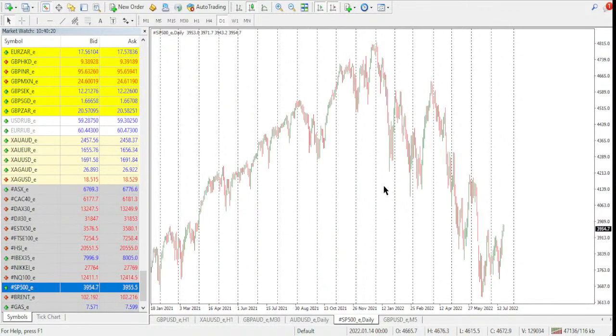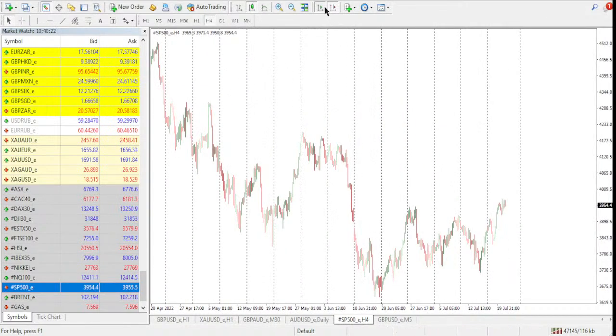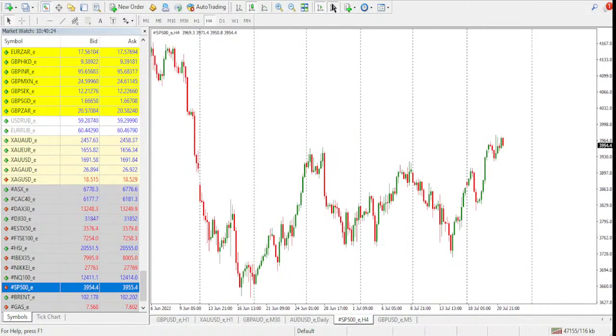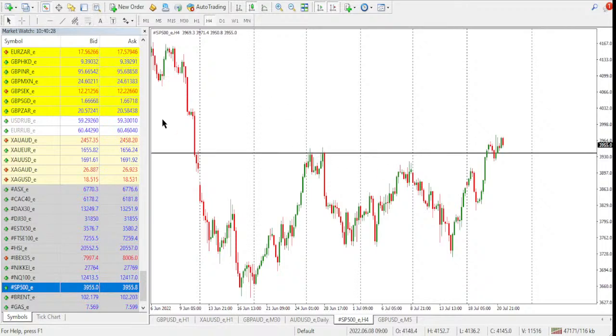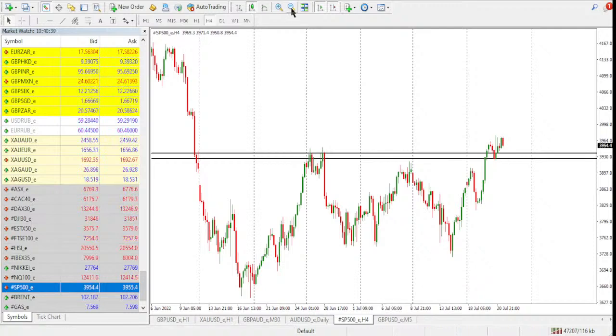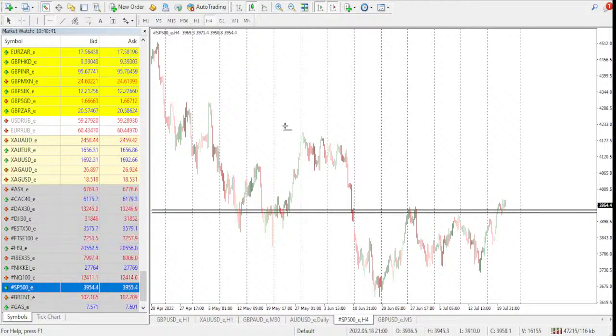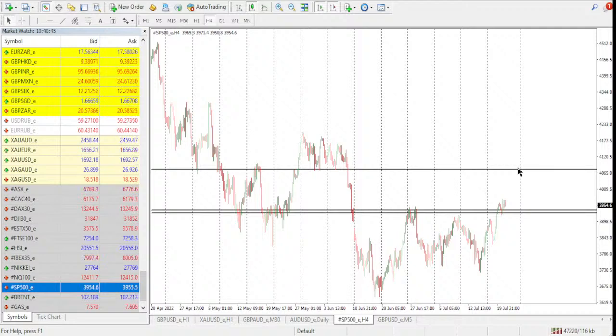My next chart is SP500. With the SP500 so far, we have a resistance there. We have another one, so we have a very good resistance. There is a break above, and then a pullback. If the price pulls back and touches this point here, then that will be a good place to look for a buy from, at least up to this line, which is 4077.4.